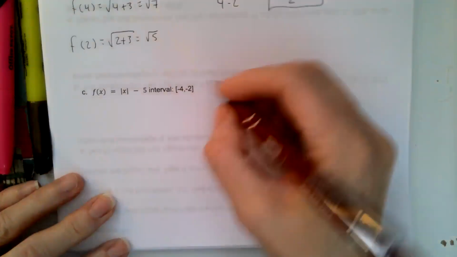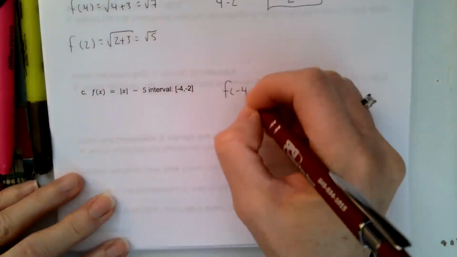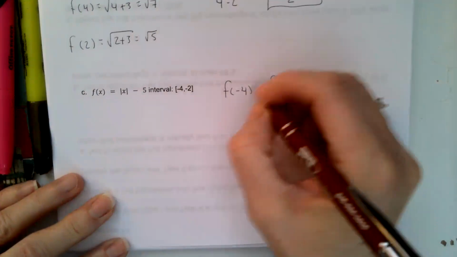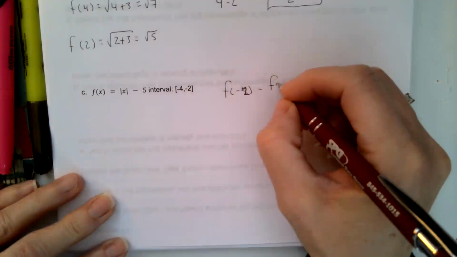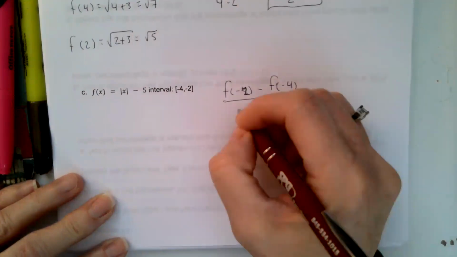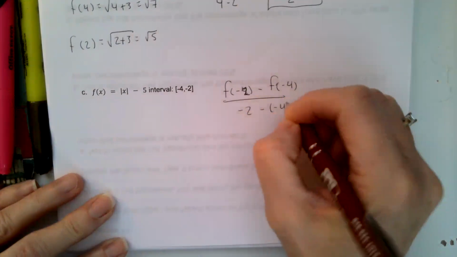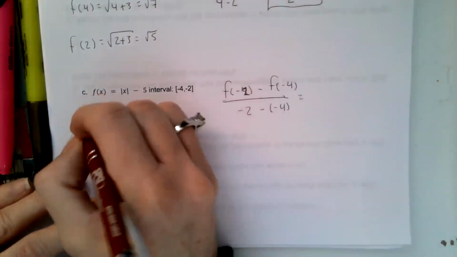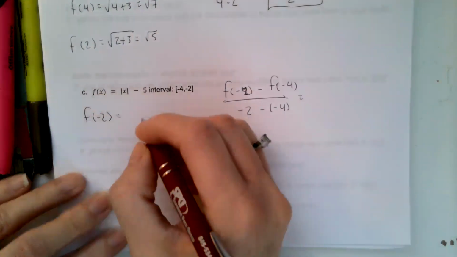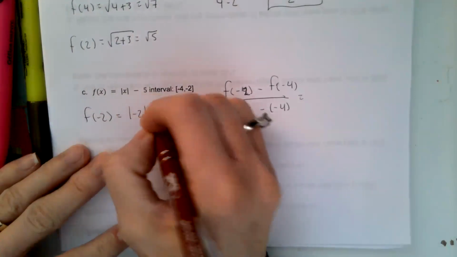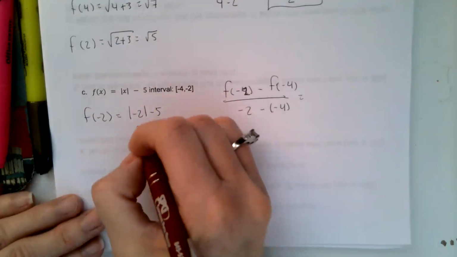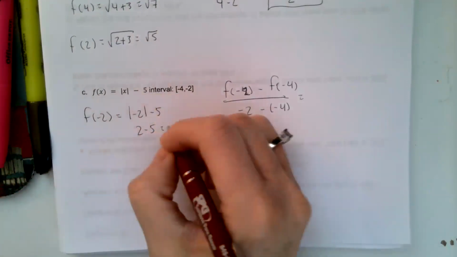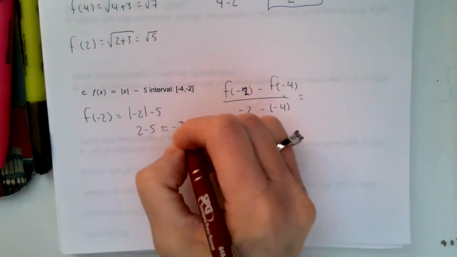And then the last one is going to be the function evaluated at -2, subtracting the function evaluated at -4, over -2 subtracting -4. So let's evaluate the function at -2. The absolute value of 2 is 2 minus 5 is -3.